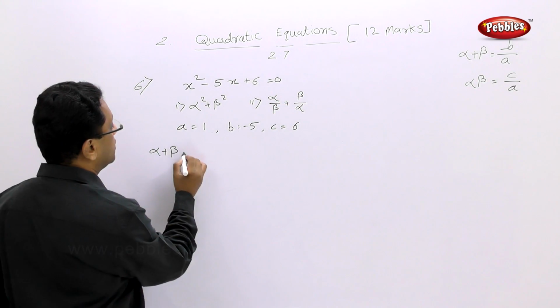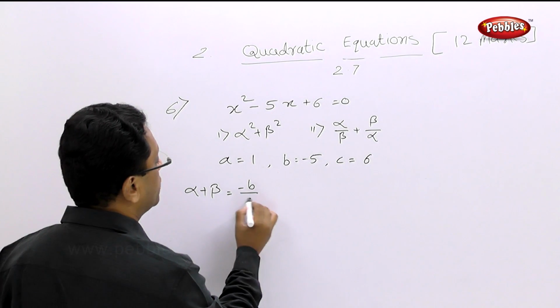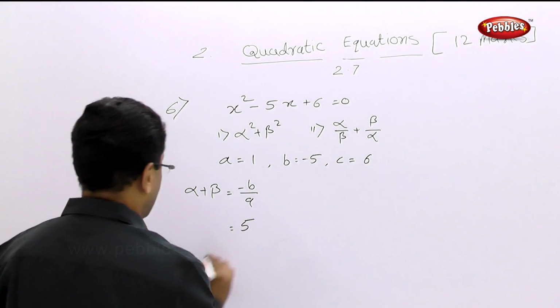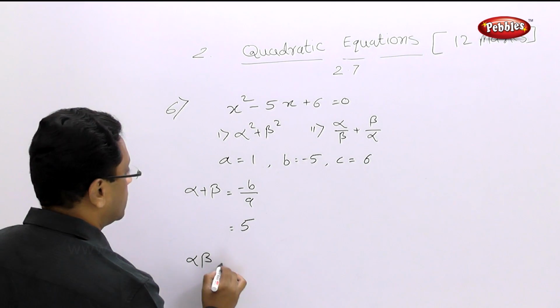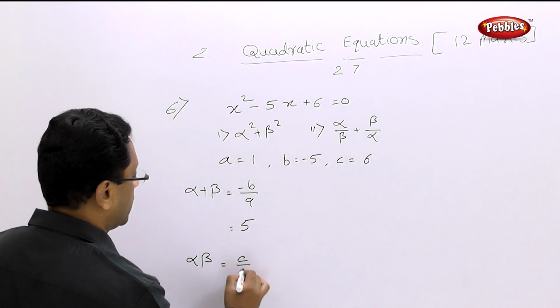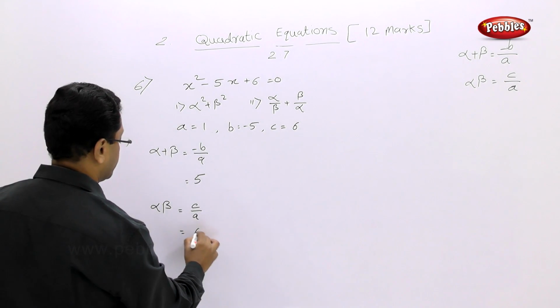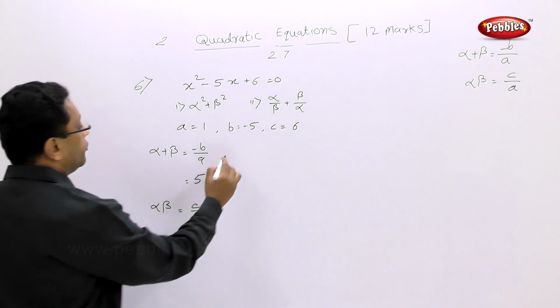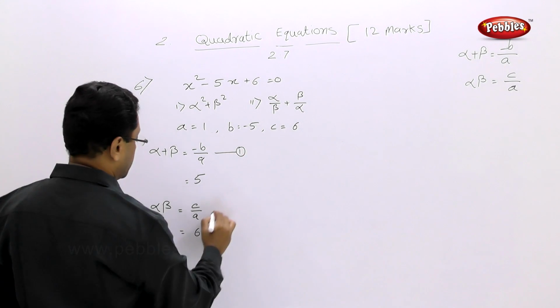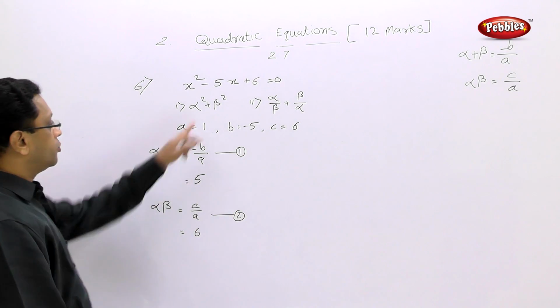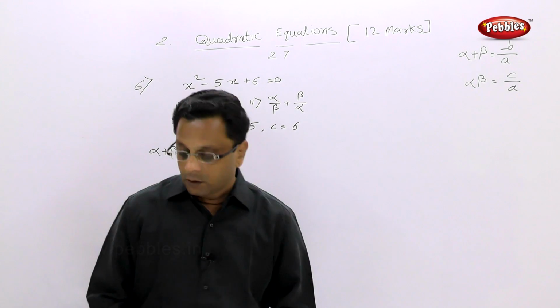Alpha plus beta is equal to minus B upon A, which is equal to 5, and alpha beta is equal to C upon A, which is equal to 6. So now we have got alpha plus beta and alpha beta. Now what shall we do?